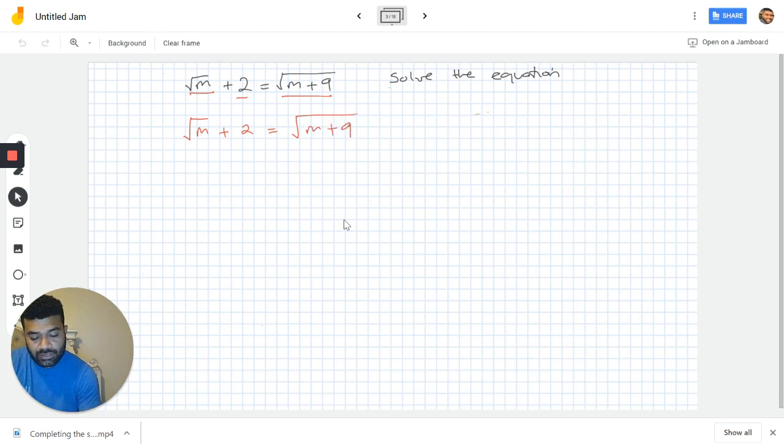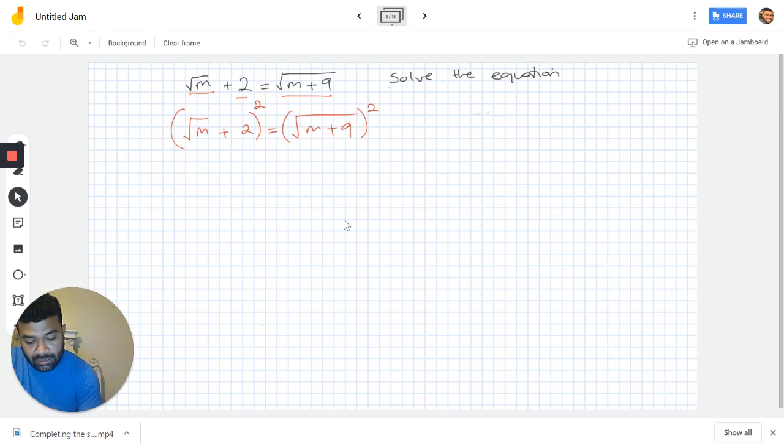I would like to remove the square root on the right. In order to remove it, I need to square it. If I square that, I also need to square the left, because whatever I do on the left, I should do on the right, and vice versa.